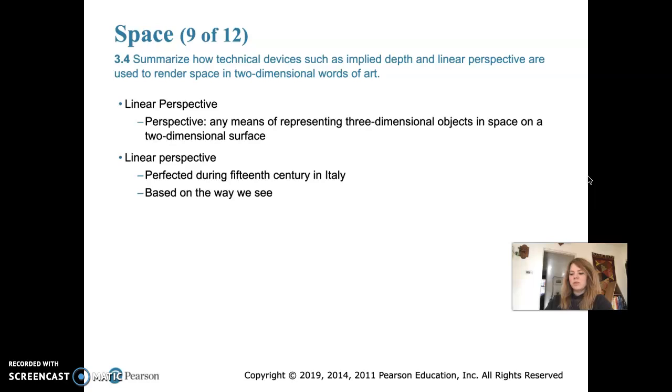And in the West, we've really become accustomed to artists using linear perspective, also called perspective. It's based on the way we see things, and it really helps us to depict objects in a space on a 2D space in a really realistic way. So it's a little trick that artists use to create a very realistic piece.